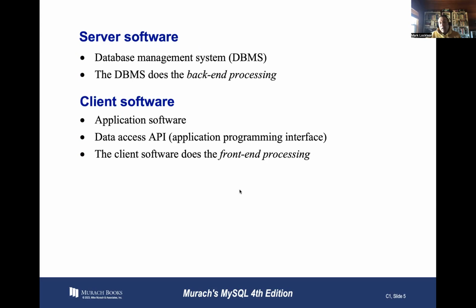So again, that's just more examples of the server side of things and the client. And this client server model you're going to hear over and over, so keep that in mind. Again, on the server side, the database management system, you'll also see that called a DBMS.